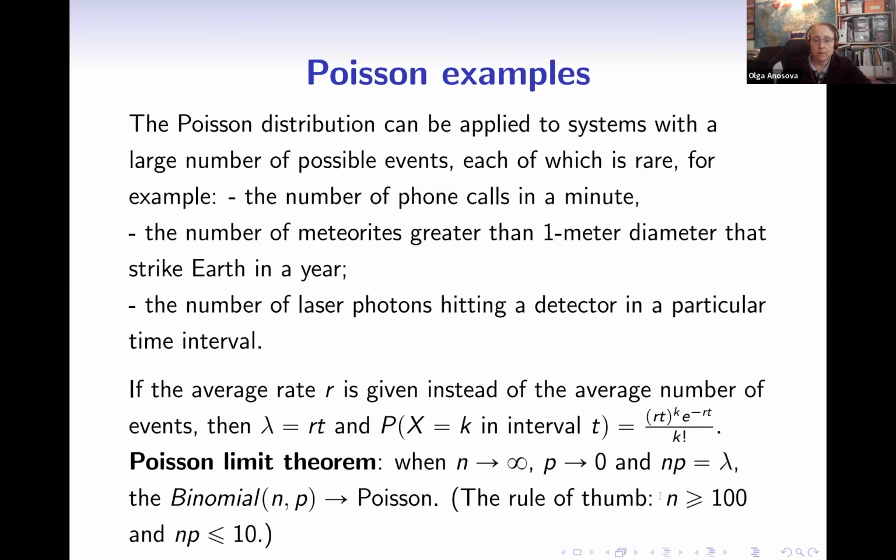As a rule of thumb, we can apply this formula for numbers larger than 100 with np smaller than 10, which is very handy and relieves lots of calculations for the binomial distribution. So the Poisson distribution is indeed famous, and again, it's connected to the time between the events, which is the exponential distribution.